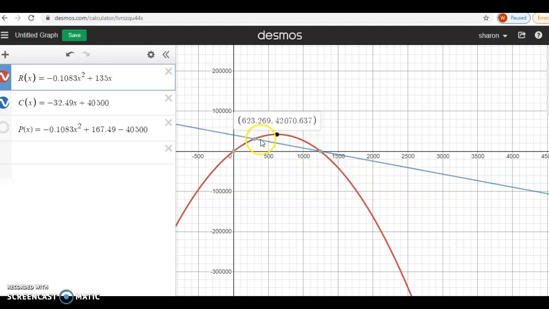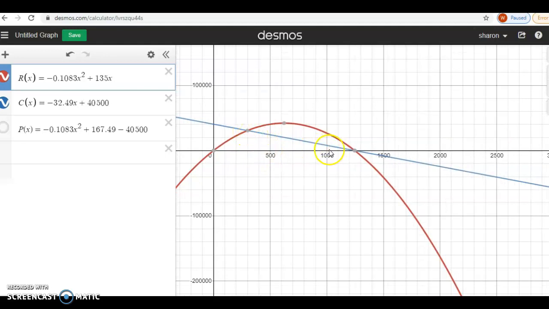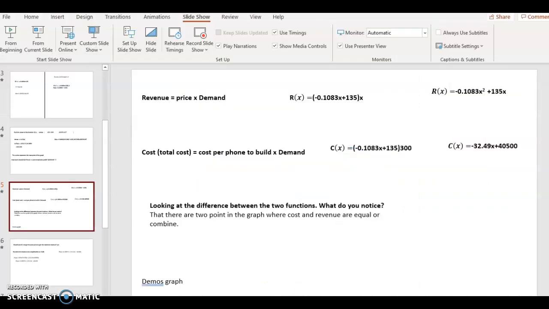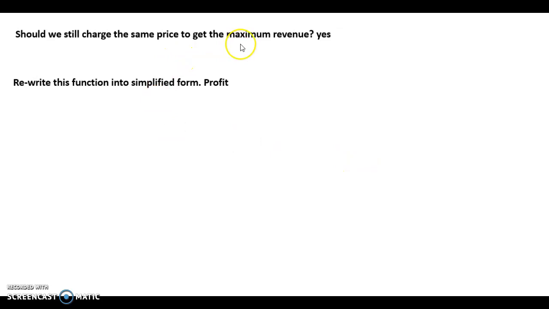So zoom in a little bit closer, this and that. I think I missed this line. Okay. So the revenue, cost. I think we should charge the same price for the maximum revenue.